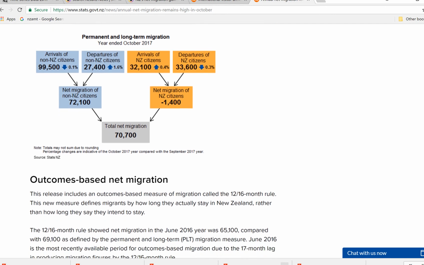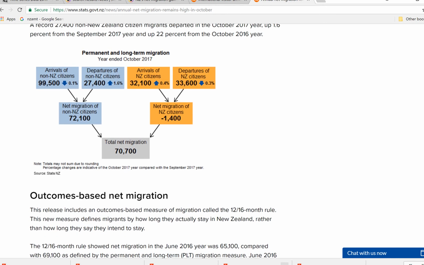And you can see, if you just pause the video and have a look at this, there was the total net migration, which means going in and coming out of New Zealand for that 12-month period. What we're interested in for the purposes of this report is the arrivals, because permanent long-term arrivals, and we can see that most of them were from non-New Zealand citizens.